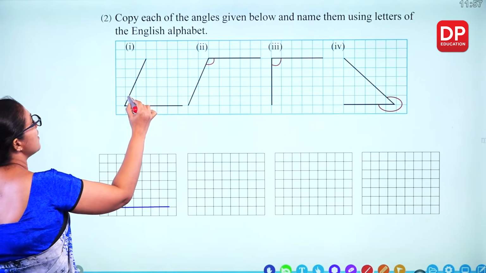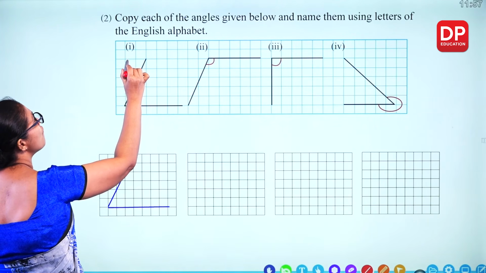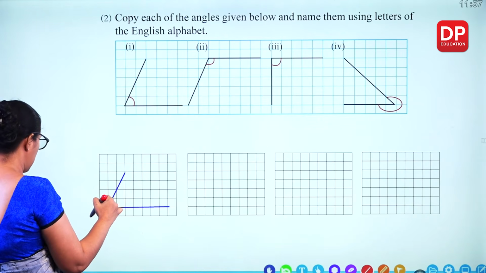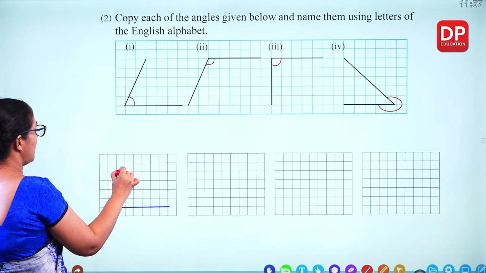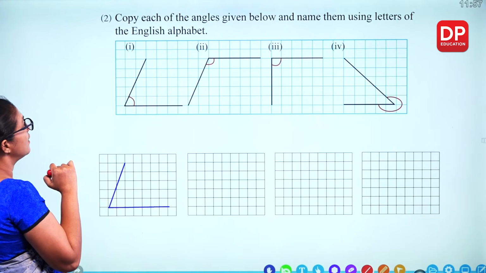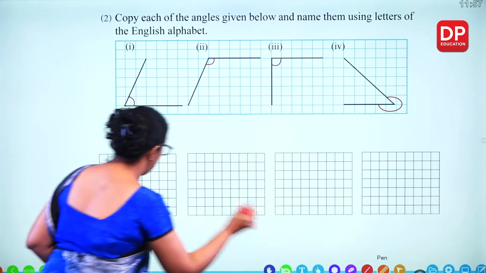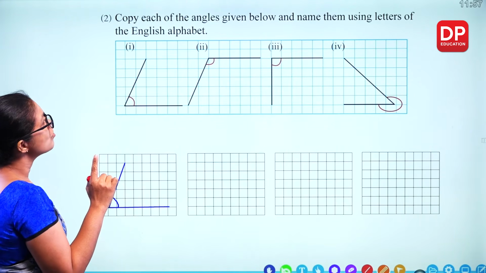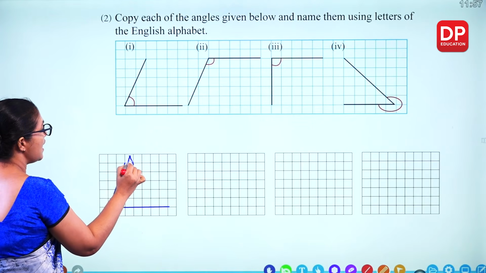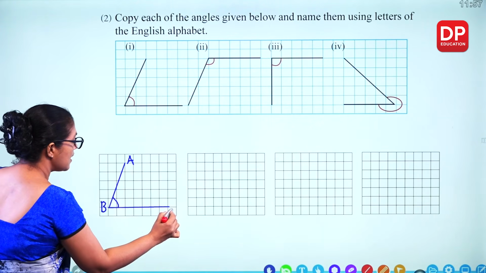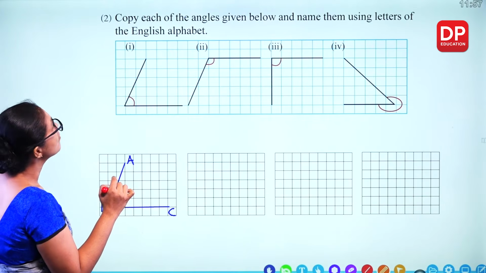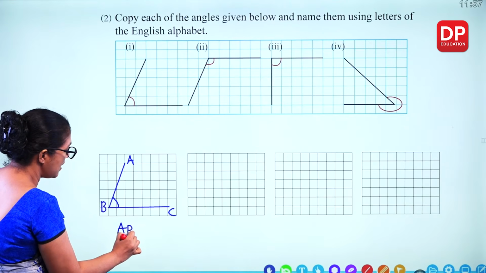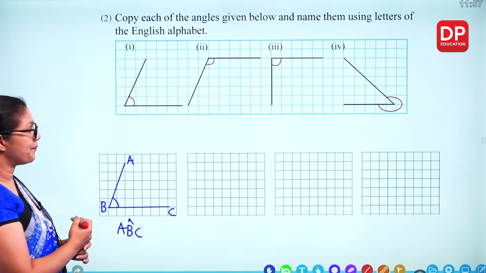So you need to use English letters to label. A, B, C. So you can write ABC, B angle is there.